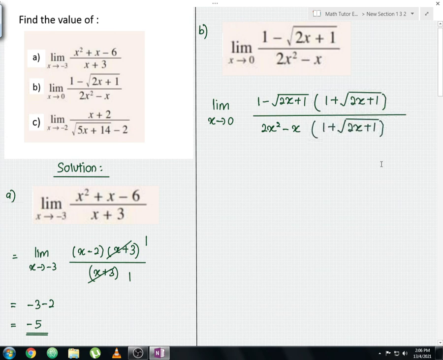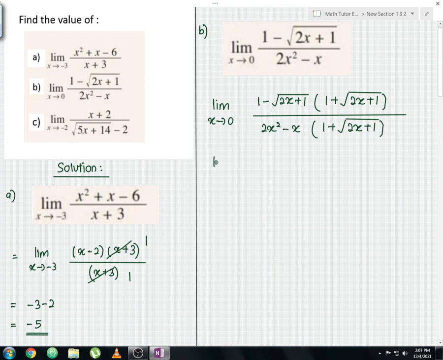Okay, so let us focus on the numerator first. For the denominator, we'll hold it first. Why we need to hold the denominator? So please follow up with me the working, then only you can understand the explanation that I'm about to tell you. Okay, so from here let us start to solve the numerator by using the conjugate method.